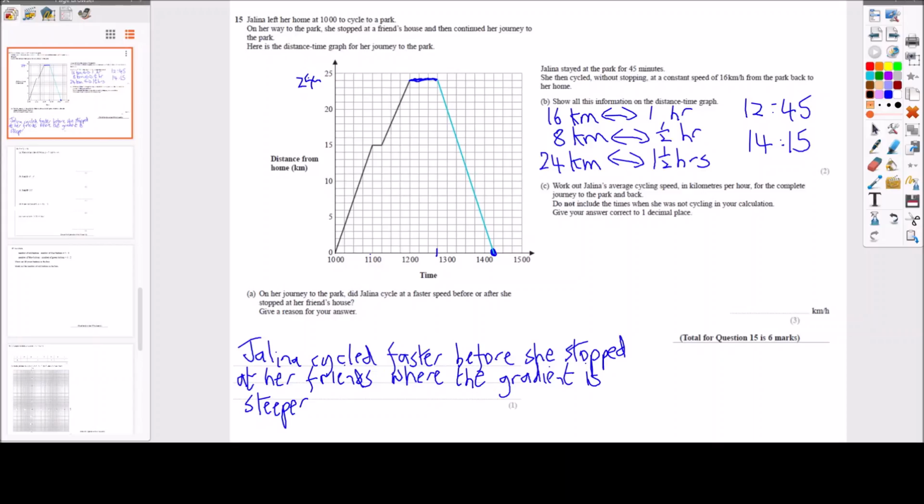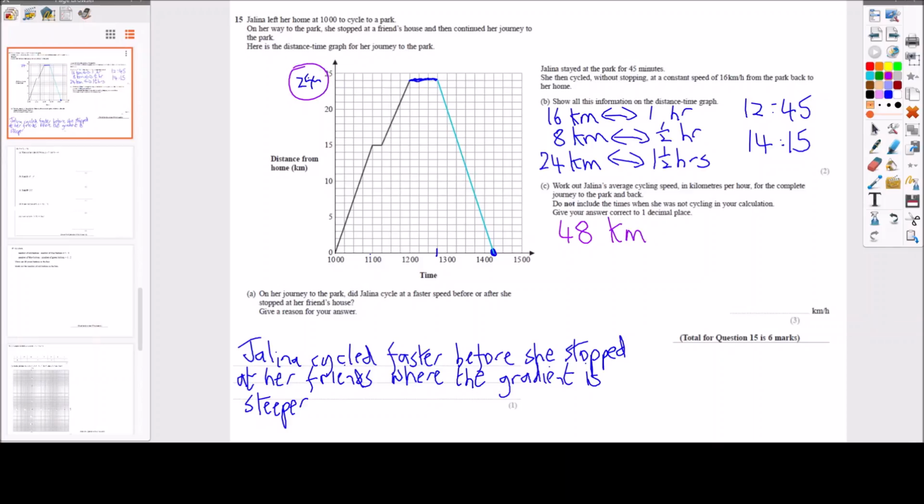Now for part C, we're being asked to work out the average speed for the whole journey. But it does make it clear, do not include the times when she was not cycling. So to work out the average speed, we need to work out the total distance travelled. Well, she went 24 kilometers away from the house and then 24 kilometers home. So she did a total of 48 kilometers, just 2 lots of 24.